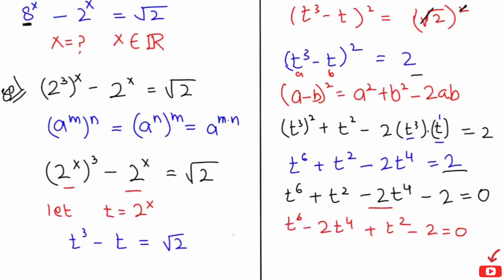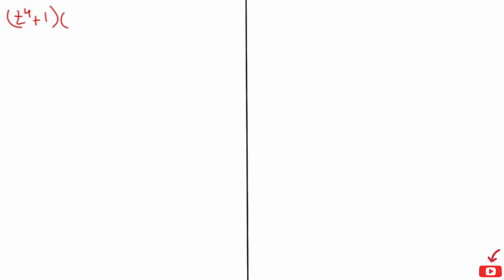Now I am going to take t to the power of 4 common. Here t to the power of 2 is remaining minus 2, plus here 1 times t square minus 2 is equal to 0. So t to the power of 4 plus 1, and the other factor t to the power of 2 minus 2, is equal to 0.